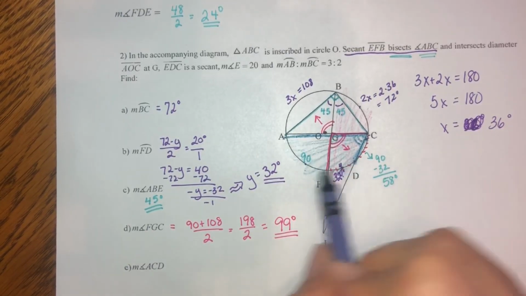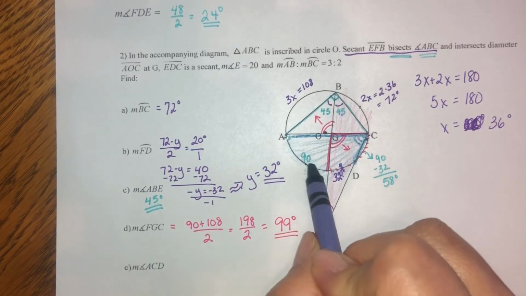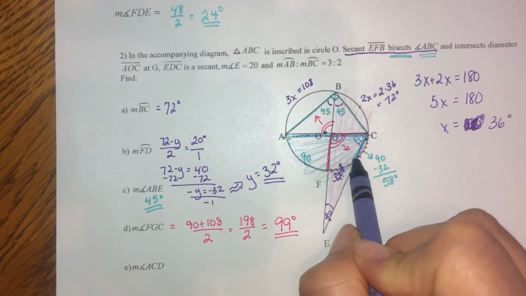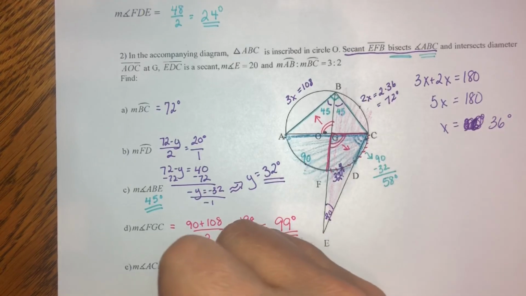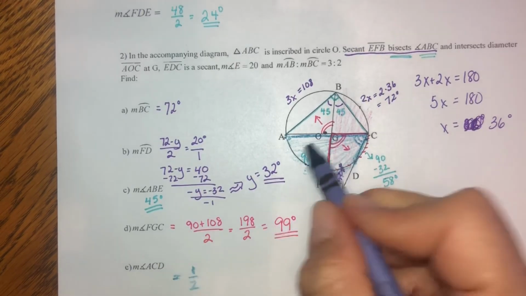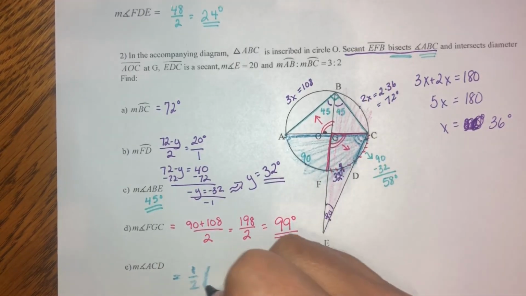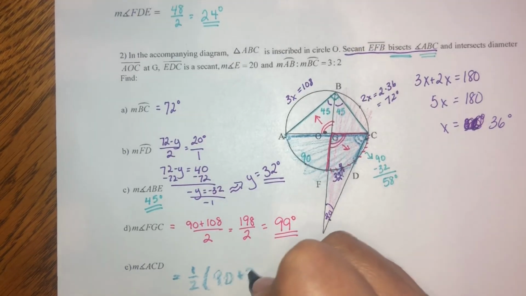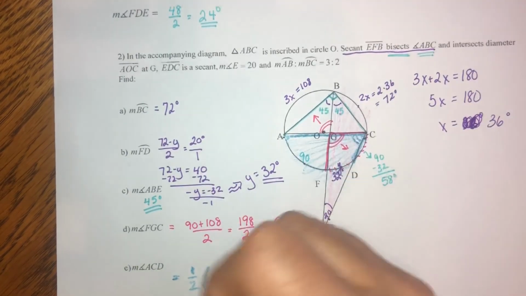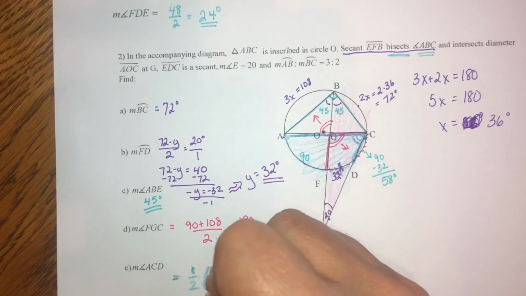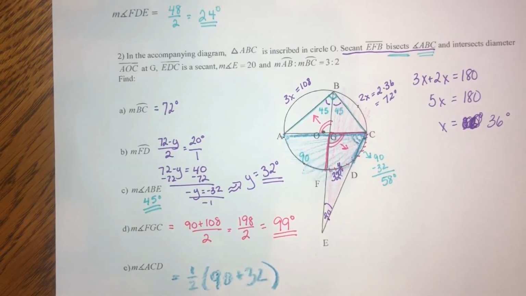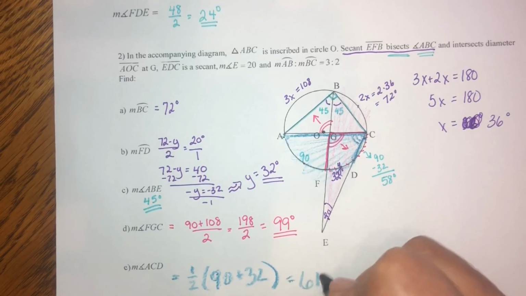The arc that it's cutting into goes from A all the way around to D. And so that means this angle will be half of all of that, the 90 and the 32. So you have to add together the 90 and the 32 and then divide by 2 or multiply by a half. And you should end up there with a grand total of 61 degrees.